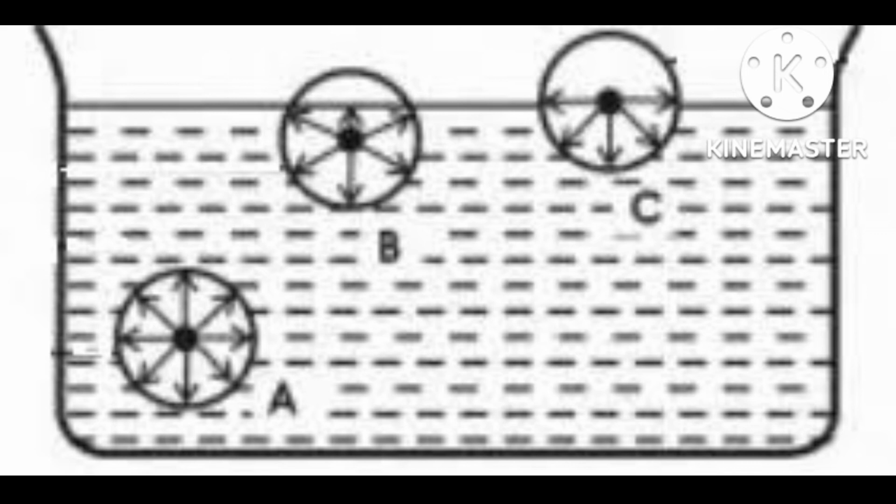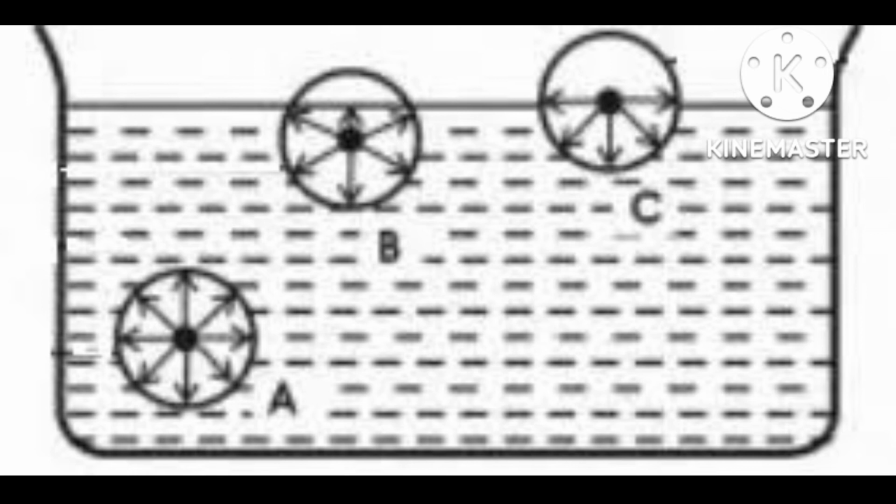Attractive forces will have to be overcome. This will require an expenditure of energy, because molecules have to be brought from down to up. Hence, more energy is required to increase the surface area.